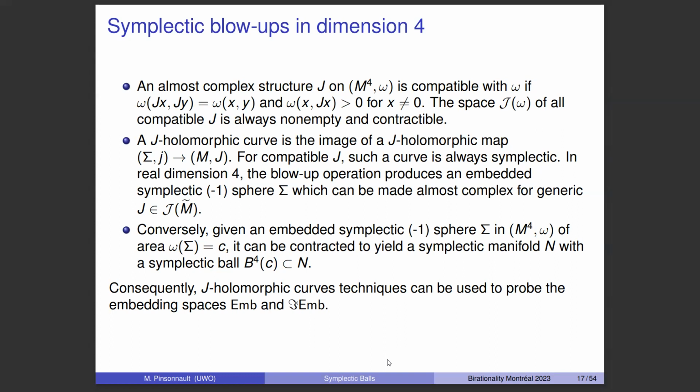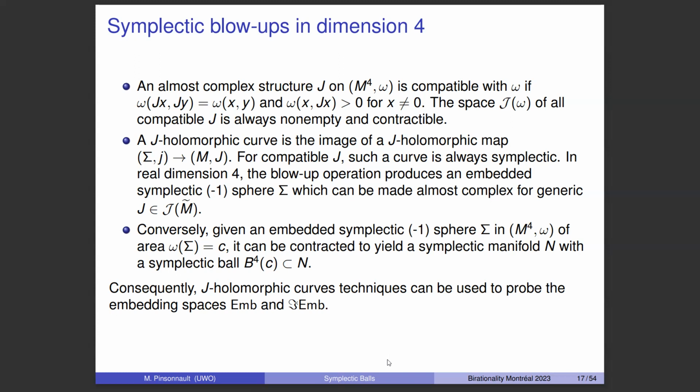And what is nice with the exceptional divisors that you get from this blow-up construction is that they are generic in the sense of Gromov-Witten theory. So they are extremely well behaved with respect to the theory of holomorphic curves. Which means essentially that once you know there exists some -1 curve that is embedded, so a -1 sphere embedded in your manifold, then it is generic in the Gromov-Witten sense.